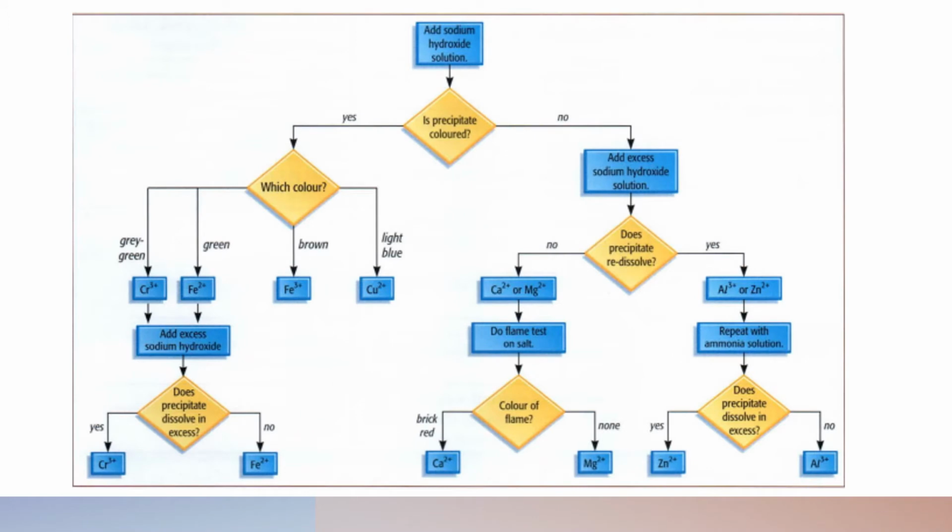For the identification of cations, we use a solution of NaOH and ammonia, NH4OH. We add NaOH first.